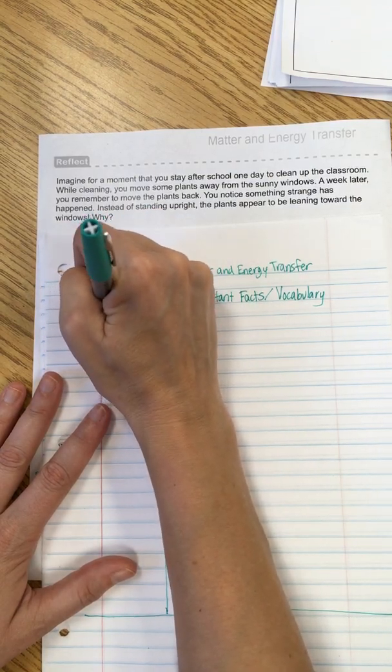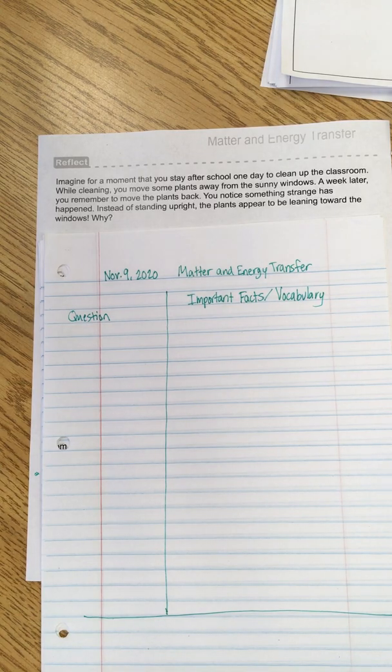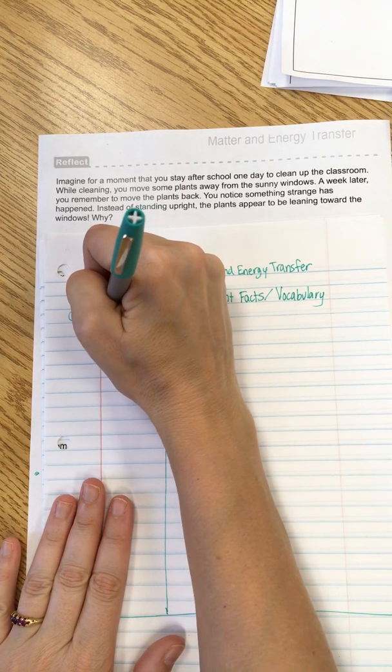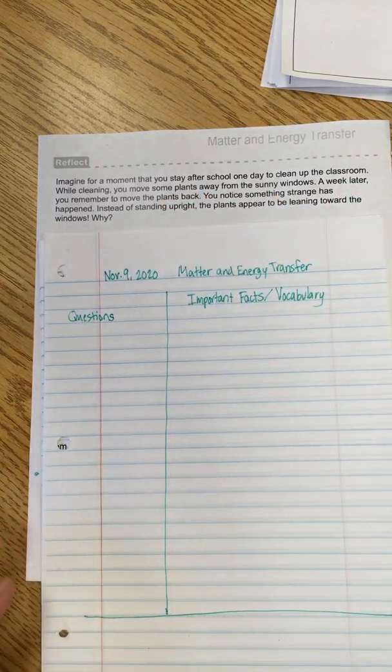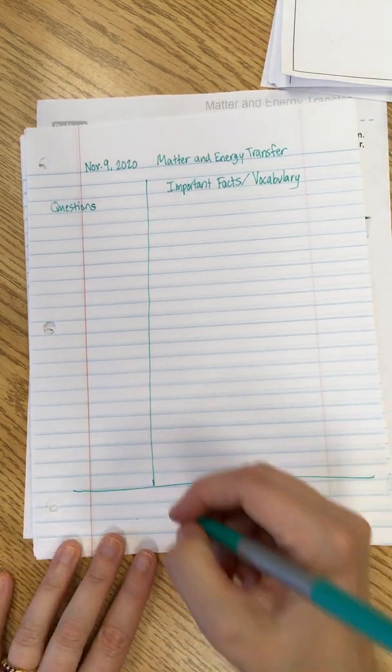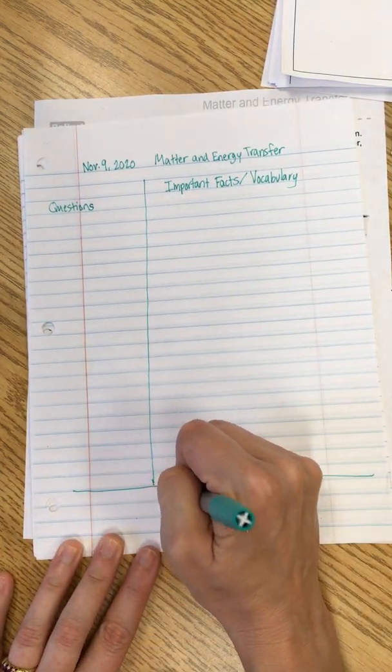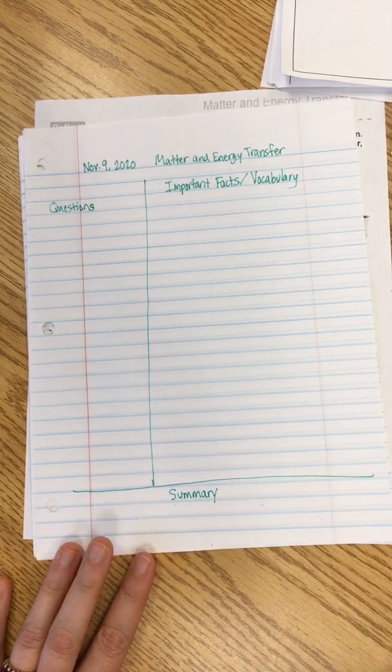Now this section you can write teacher-like questions where you kind of pretend that you're coming up with your own quiz and write teacher-like questions using question words who, what, where, when, why, or how. Or you can also record questions that reflect things you're confused about, things you would like to learn more about. And then last, you're going to write a summary where you just record one or two sentences about the most important point.